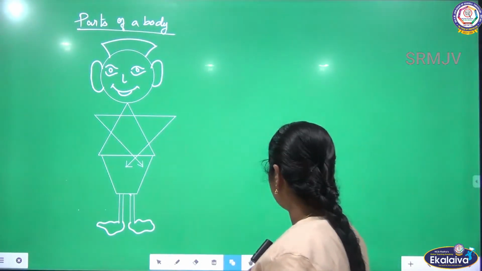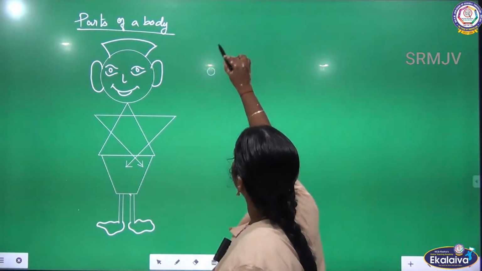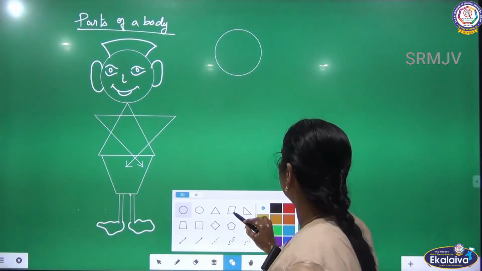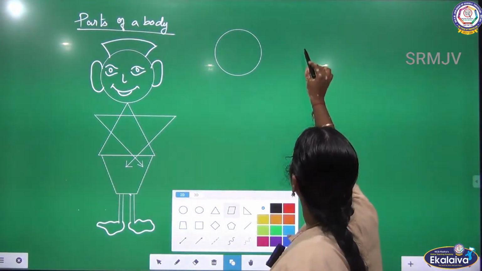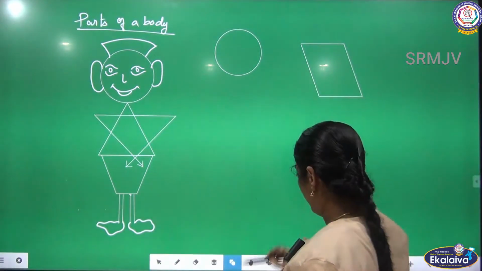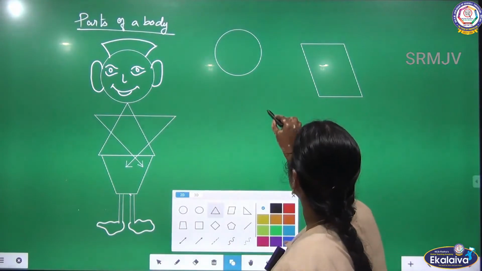Okay, listen children. What shape? A circle. Is it clear? Next, what is the shape? You are having a plane. This one is okay. Next, triangle.